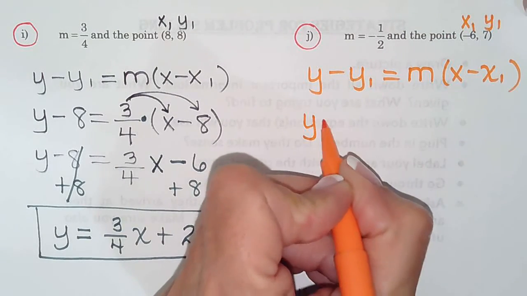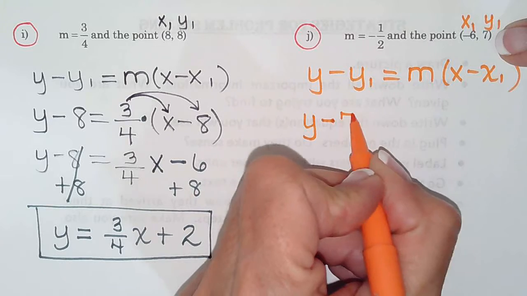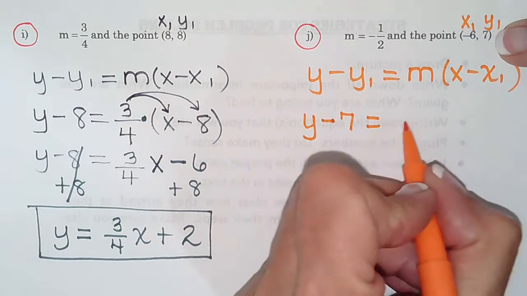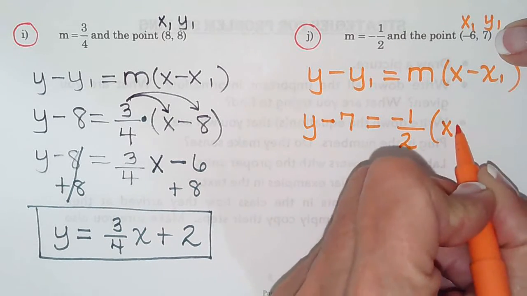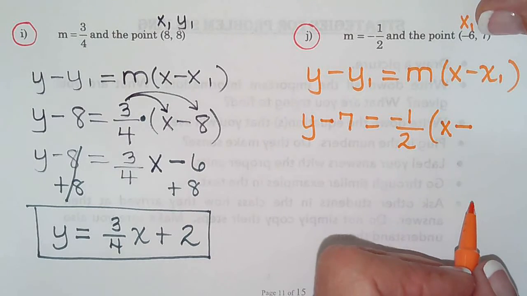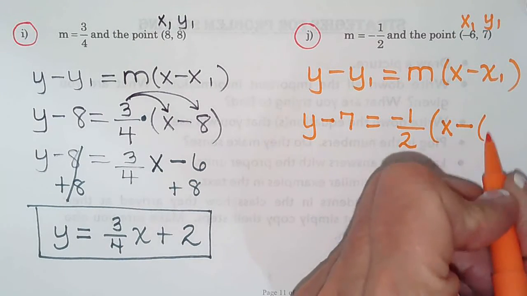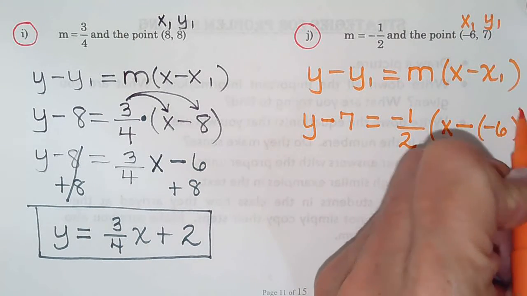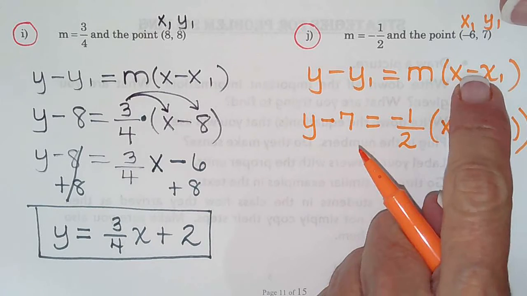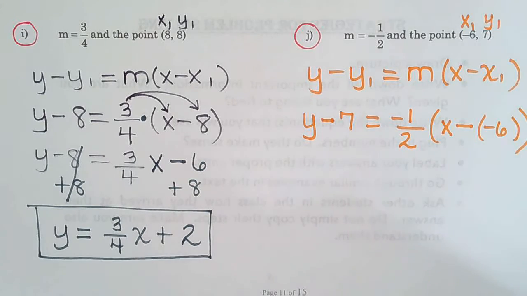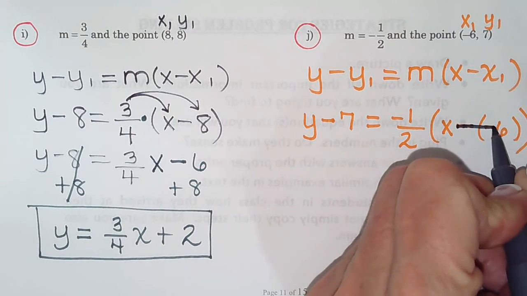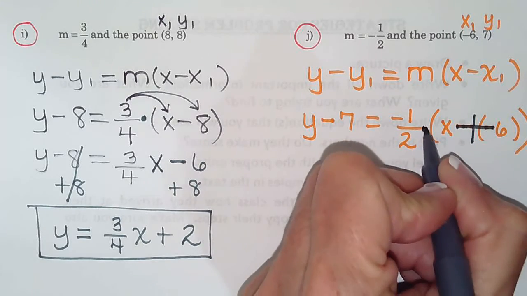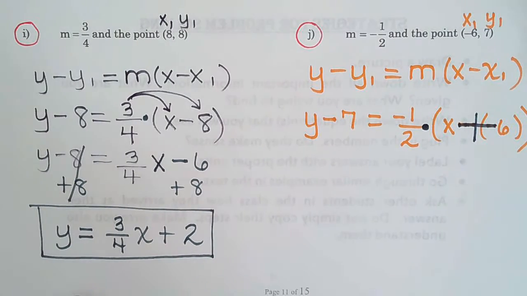So y minus 7 equals -1/2 x minus, and then I look up here and go, ooh, double negative, -6. So x minus, from the formula, -6. So remember to make that a big plus sign before you pick up your calculator to start typing that in.